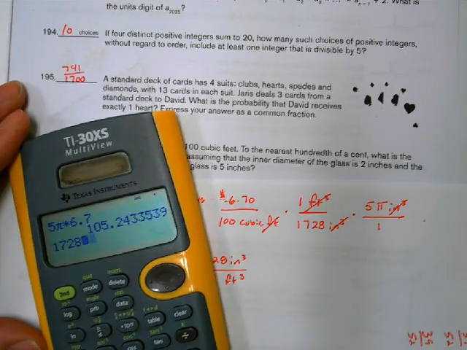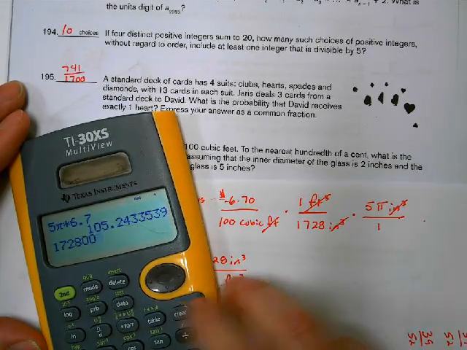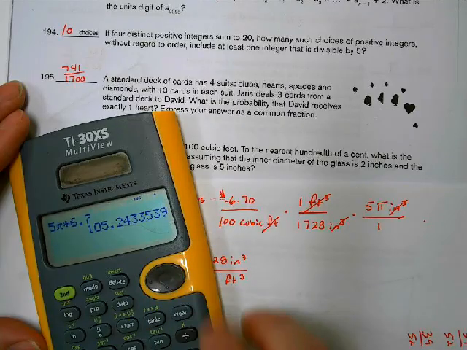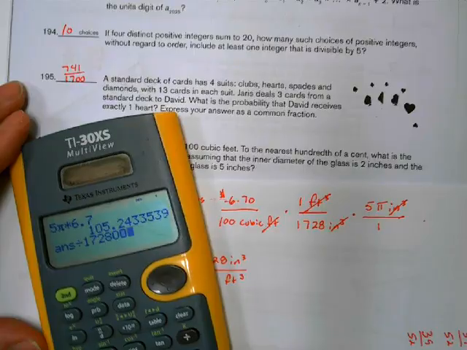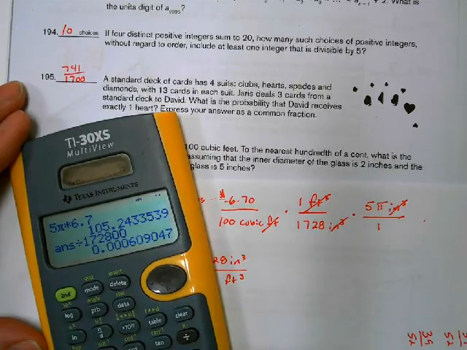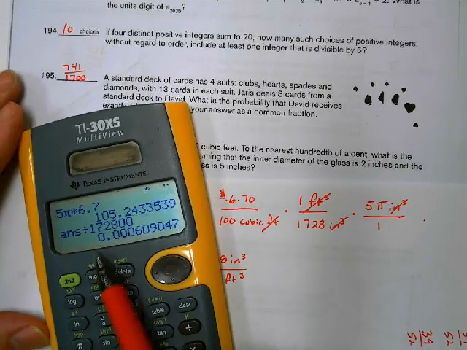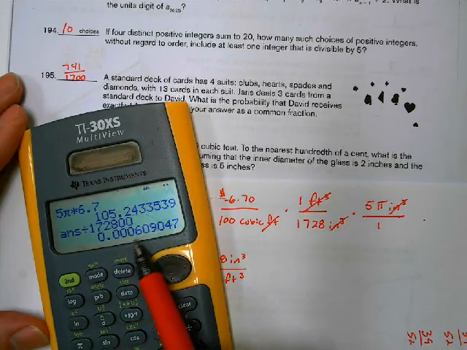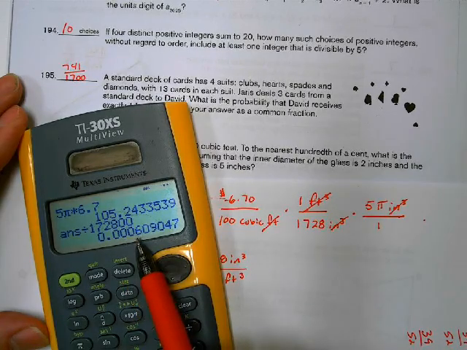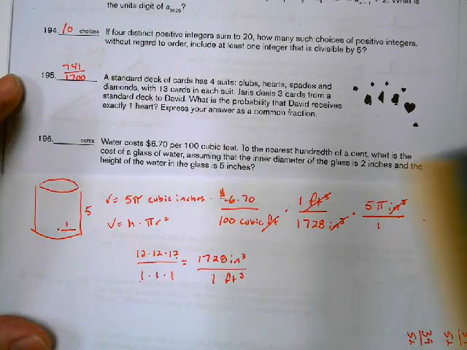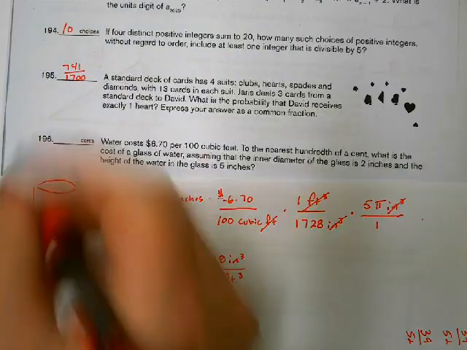Divide by 172800. Here's what I get. Now this is in dollars. I get 0.0006. So here we want our answer in cents. So this would be 600th of a cent. So our answer would be 0.06 cents. And there's our answer.